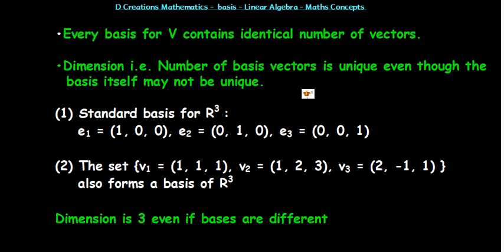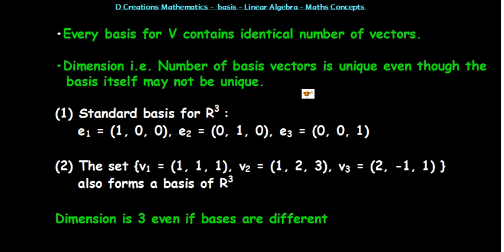But what do you notice? You notice that the number of vectors in each of the bases is identical, which is of course 3. So the dimension is identical. Even if there are different bases for a vector space, the number of basis vectors is identical, and that is the dimension.